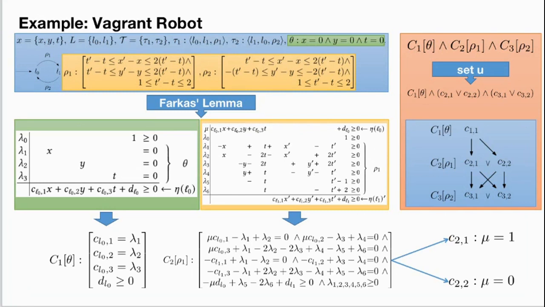Then it simplifies the initialization and consecution conditions. For the initialization, we have that this results in the constraint C sub L0 equals lambda 1, and so on, and D sub L0 greater than or equal to 0. After projecting away the fresh variable lambda, we obtain D sub L0 greater than or equal to 0.